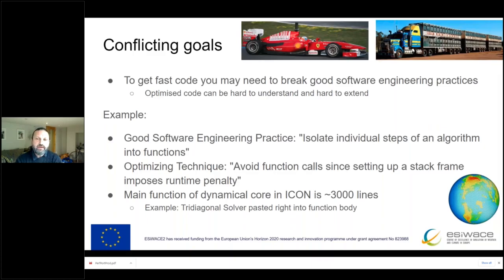And because there can be a performance cost, the compiler can't do such a good job. So as a practical example, in the dynamical core in Icon, it's quite large. And one of the reasons why it's quite large is because the tridiagonal solver, which you'd normally think as being something you would put separate, is pasted into the function body. Now that's for performance, that's a choice. We take a hit in one thing in order to provide something else.